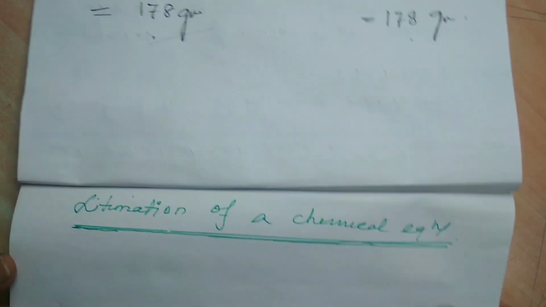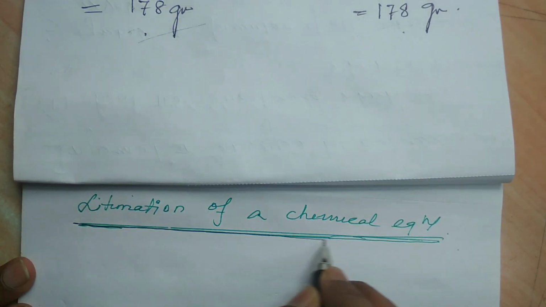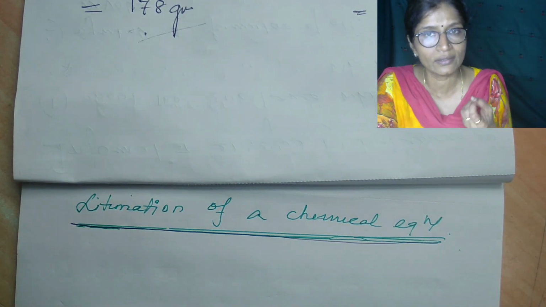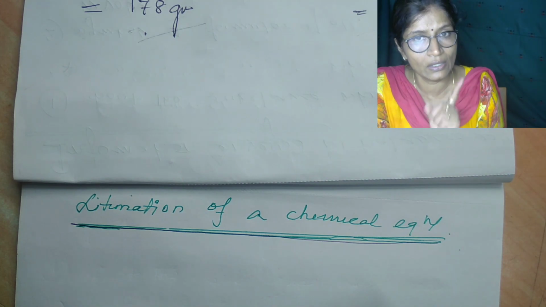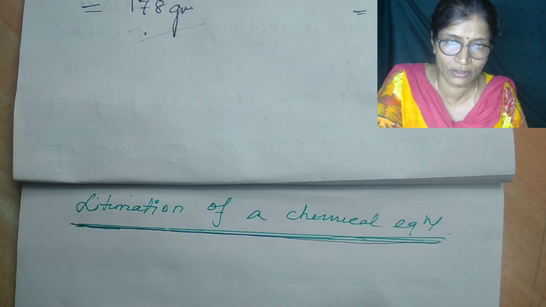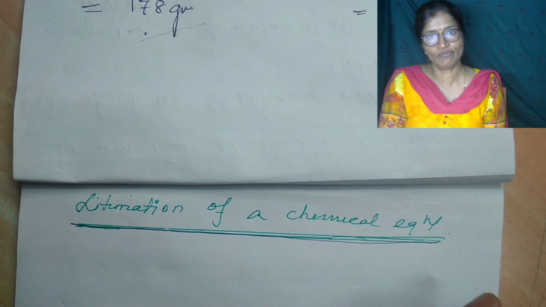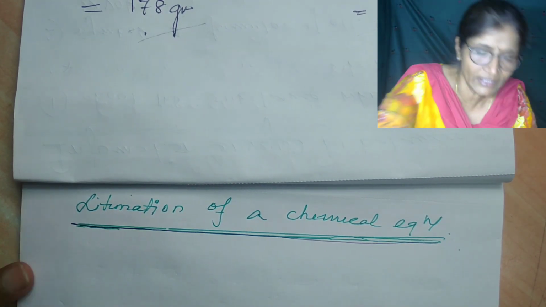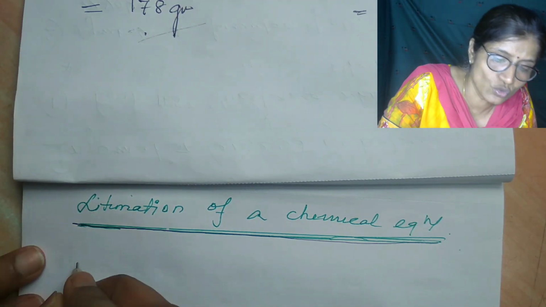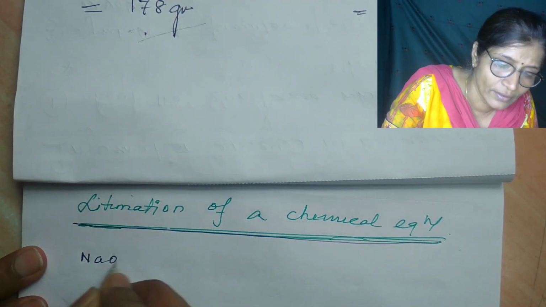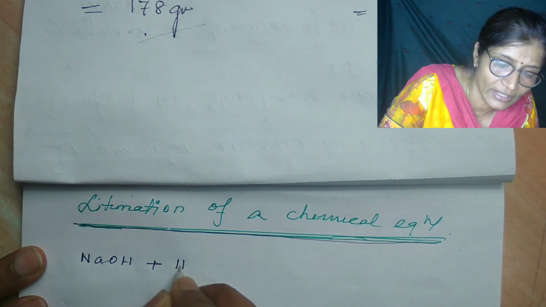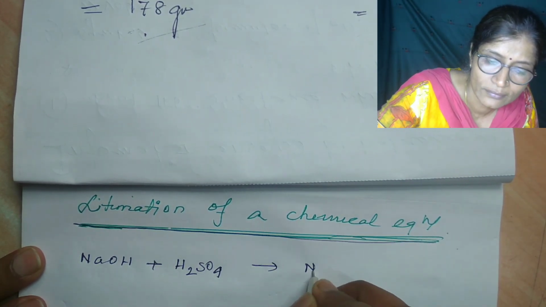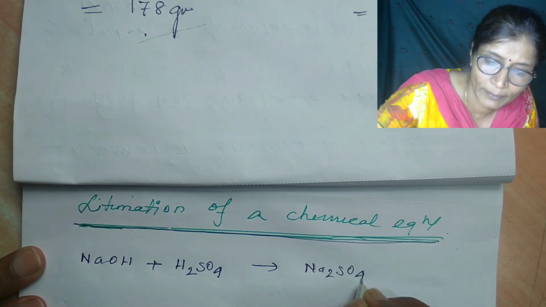Now, what are the limitations of a chemical equation? We will discuss what information we are not getting from a balanced equation. An equation is there, but still we are not getting some of the information. Like in the same reaction, sodium hydroxide reacts with sulfuric acid and gives sodium sulfate plus water.